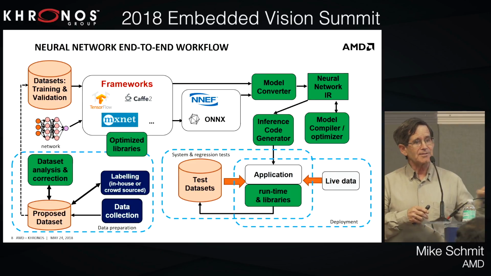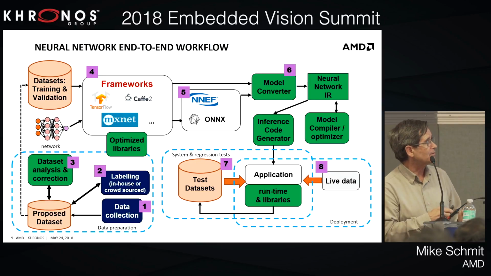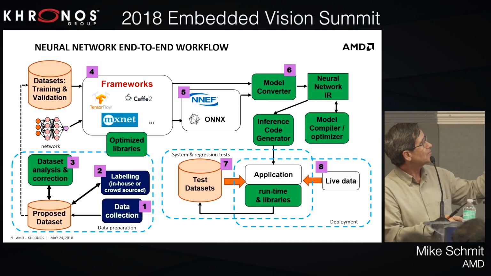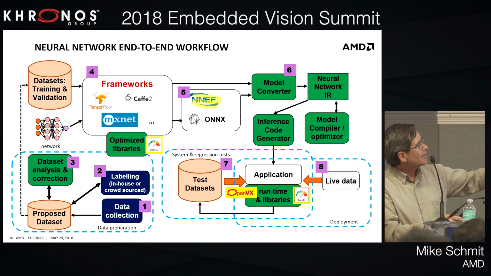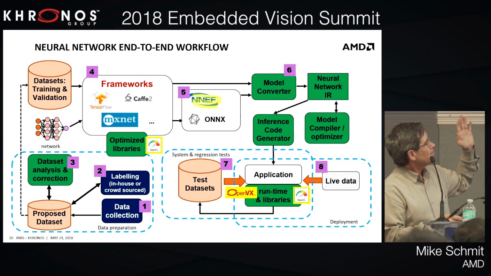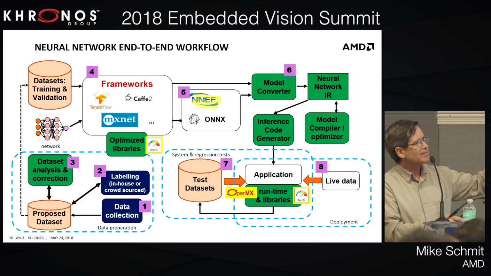I gave a talk 2 days ago at the summit, and when those slides come out, go look at them, because I'll show you a lot of examples of things that aren't very good. But today I'm just going to concentrate on quickly walking through these steps. So you collect your data, you label your data, you do some analysis of it and make sure it's good.